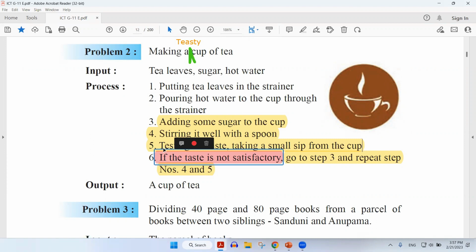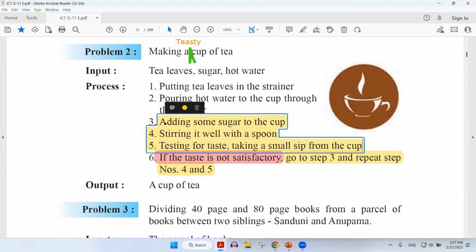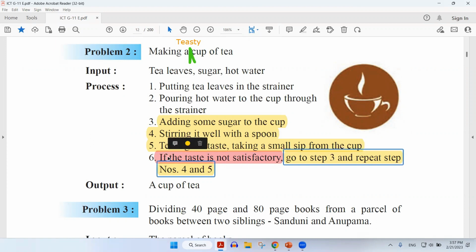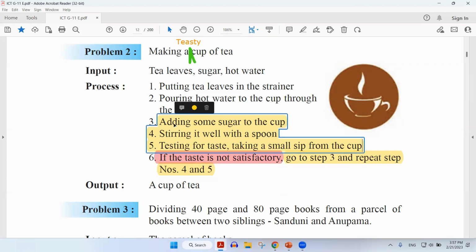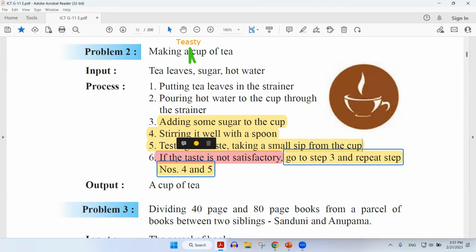If the answer is no, then you have to go through these three steps again. Then ask the condition again. If the answer is still no, do this again. If the answer is yes, then you are getting the desired output.